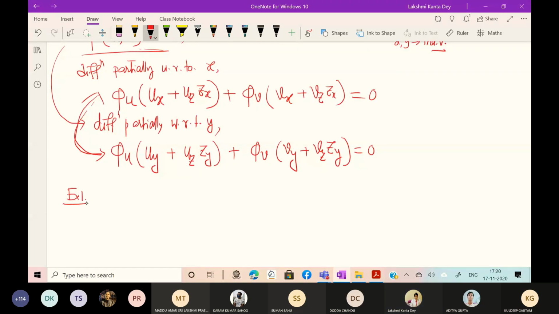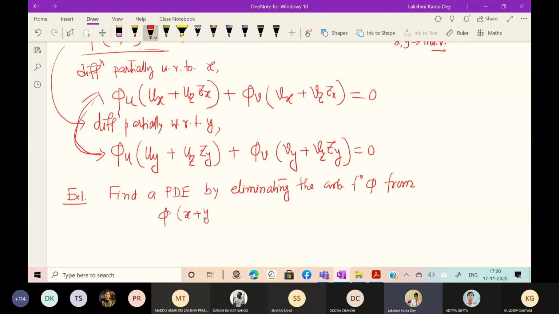Exercise 1. Find the PDE by eliminating the arbitrary function phi from phi of (x plus y plus z, x square plus y square minus z square) equal to 0.